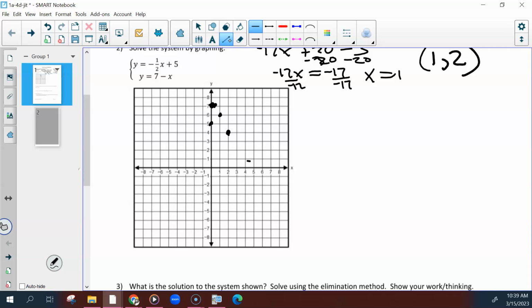Okay, so I think a line was made. I think that's what that is. That little part, I think a line was made.